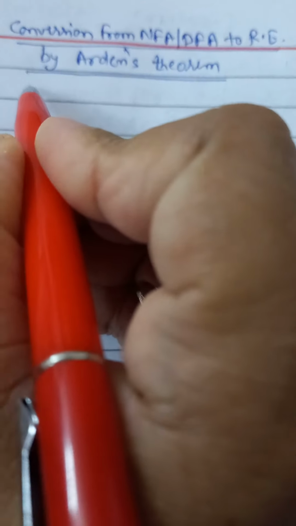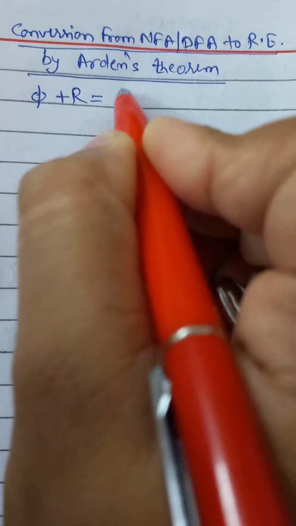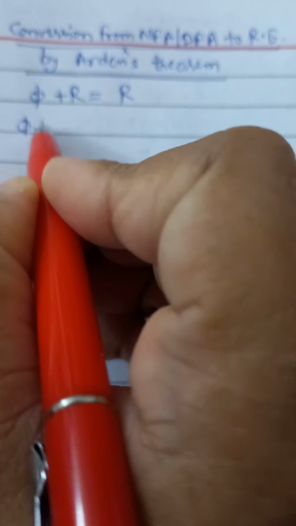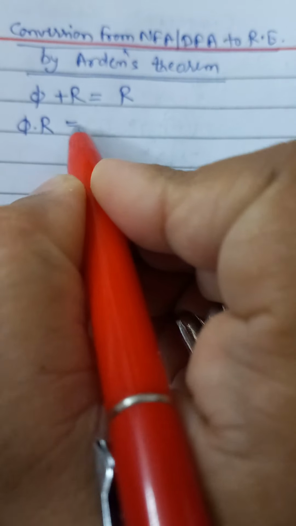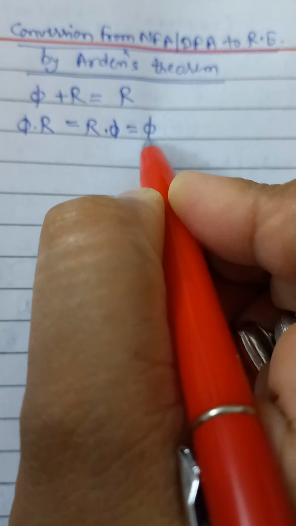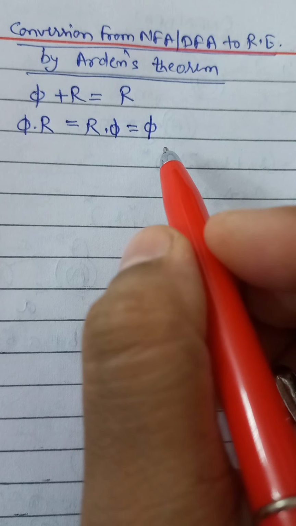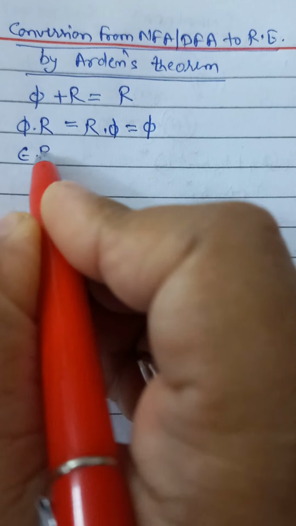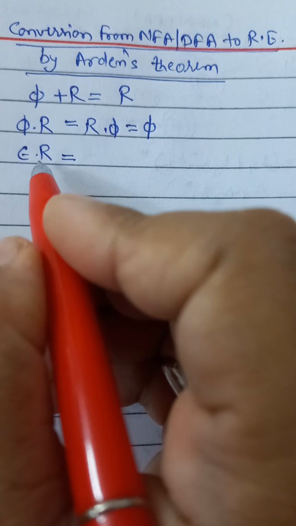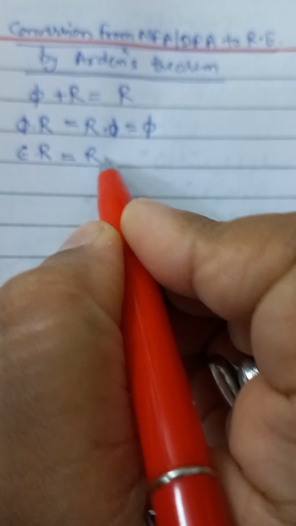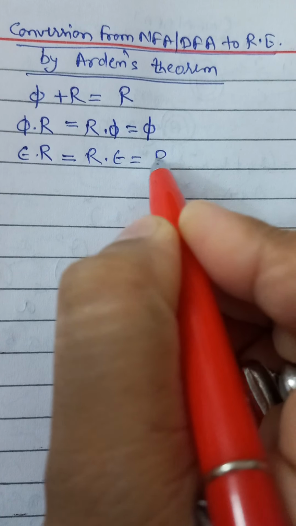Suppose phi and r is a regular expression, then phi plus r gives r. If phi is in concatenation, then r into phi can also be phi. Both can be phi. Or if epsilon is in multiplication, epsilon dot r or r dot epsilon will all be r.